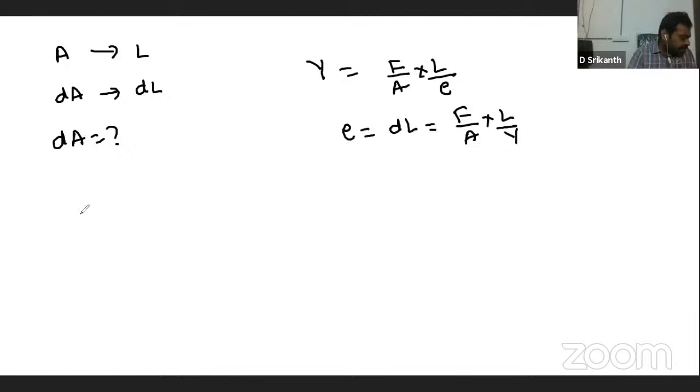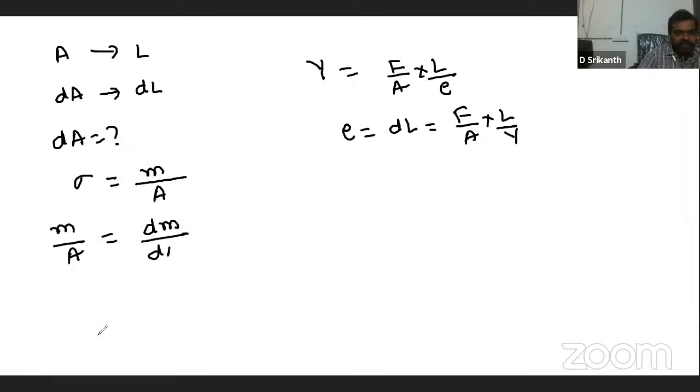We can write the surface density as mass per unit area, similar to the linear density. That is m by A is equal to dm by dA. So dA is dm into area by mass.